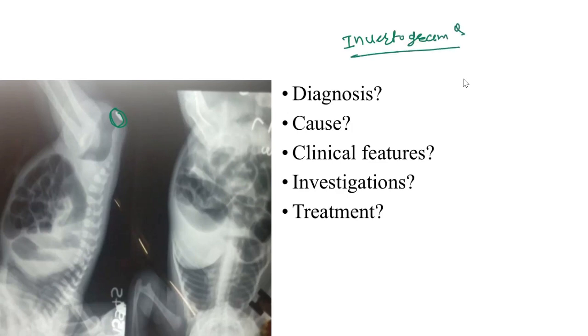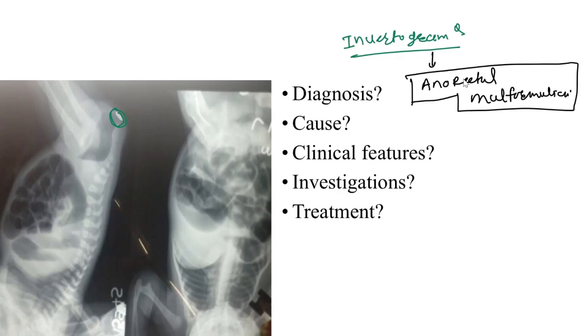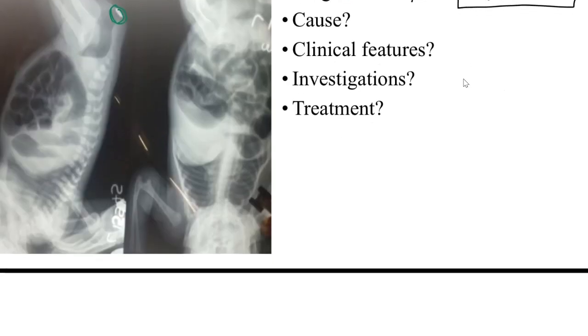In which condition is an invertogram done? It is done in anorectal malformation, to locate the lower end of the anorectal malformation. This is not done nowadays.